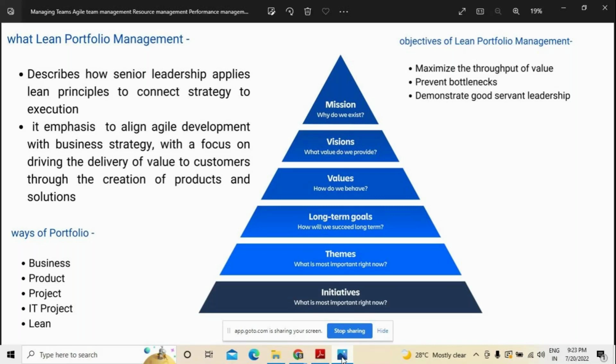But when you talk about product portfolio management, it completely focuses on the product level, meaning whatever products you are going to develop based upon the observation of the competitor, by doing some competitive analysis.